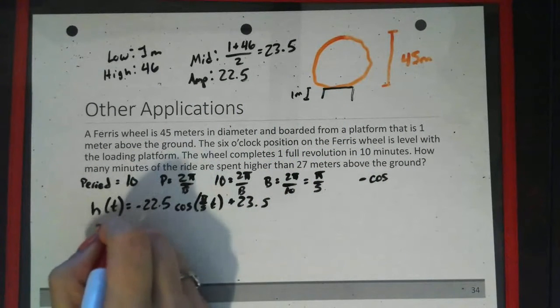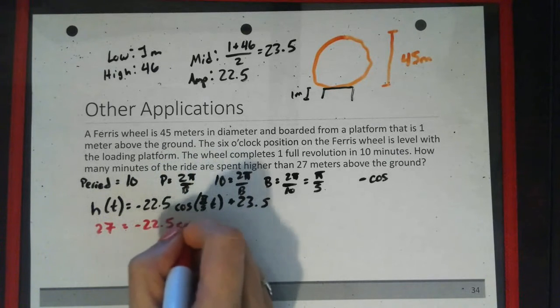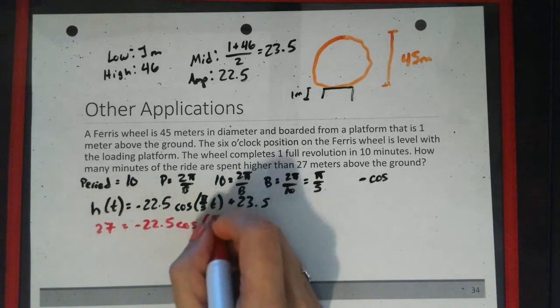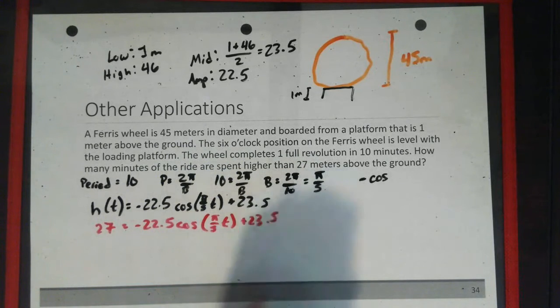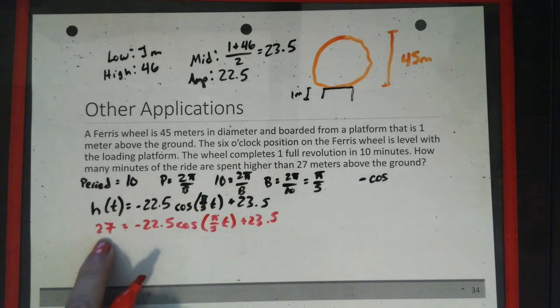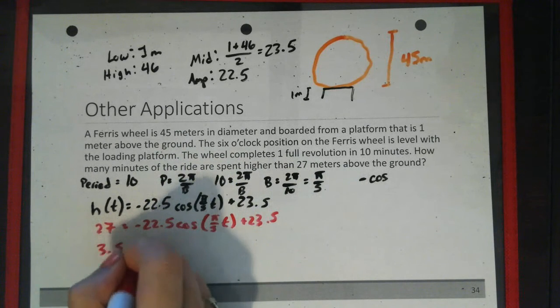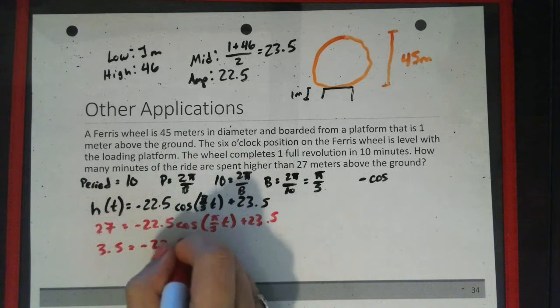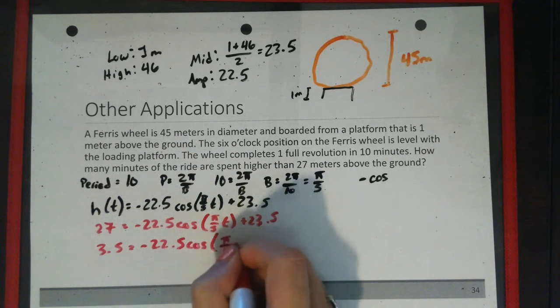So we get 27 is equal to negative 22.5 times the cosine of pi over 5t plus 23.5. I'll subtract the 23.5 over, and we get 3.5 equals negative 22.5 times the cosine of pi over 5t.